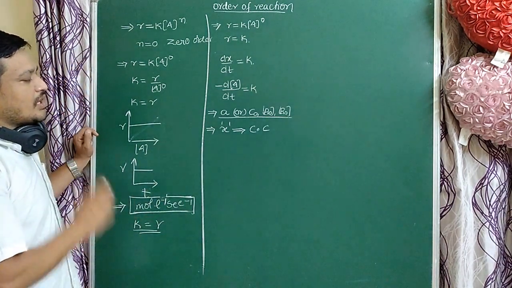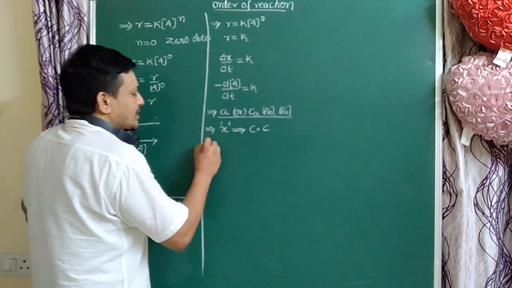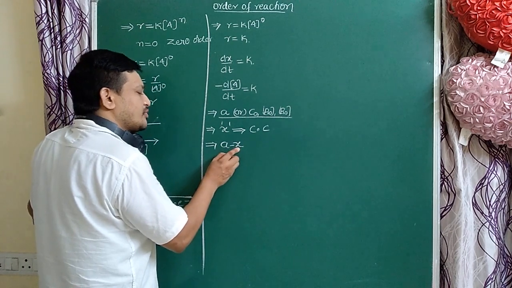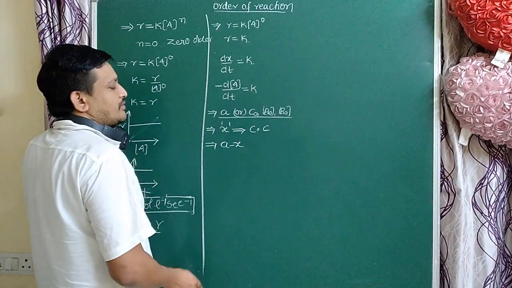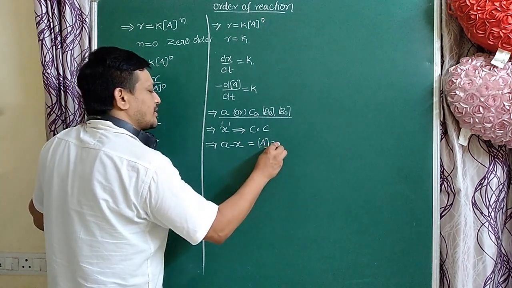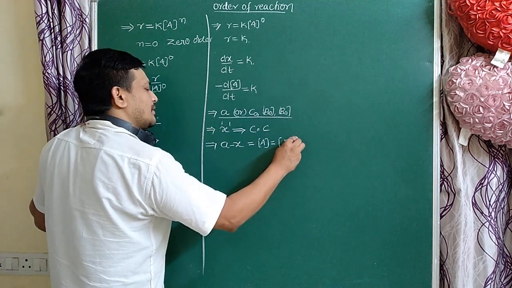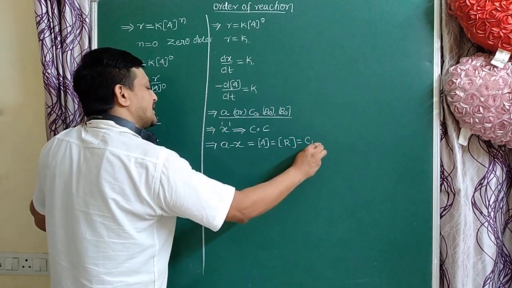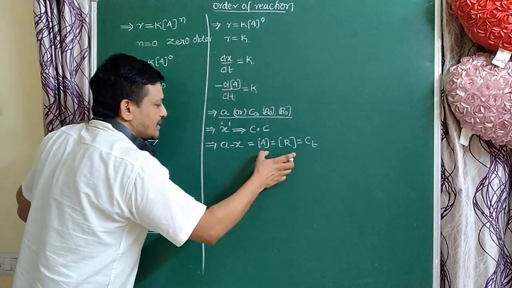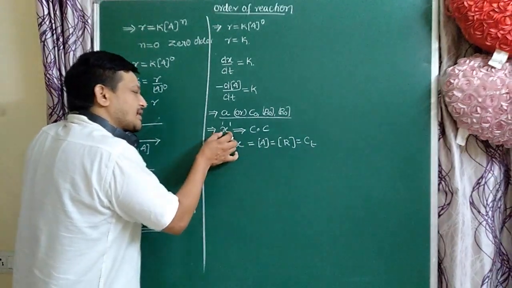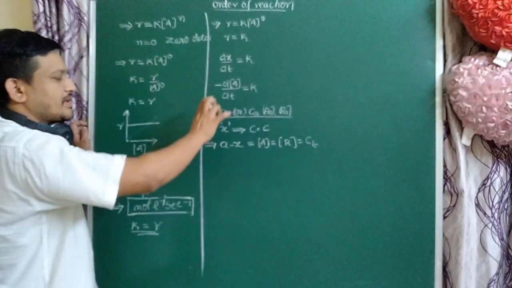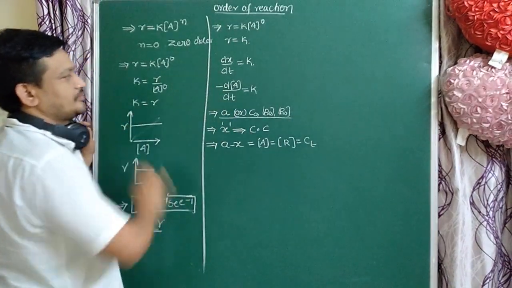The remaining concentration is a minus x, initial minus consumed, which is also equal to capital A, also capital R, and also C t, the concentration at time t. These are the remaining concentration at a particular time. This is the consumed concentration at a particular time. These are the initial concentrations. These are important letters in this lesson.